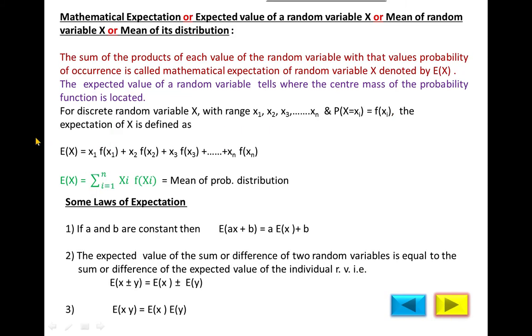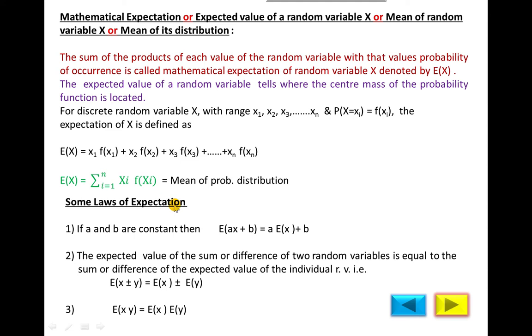Okay, so we can combine these values in the form of a formula. x1, x2, x3 up to xn means xi. f(x1), f(x2), instead of a long statement you can use f(xi). i varies from 1 to n, so you can write summation sign i equal to 1 to n, same as the formula of the mean and standard deviation. This is also called the mean of probability distribution, Ex.